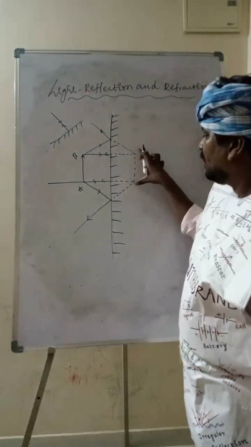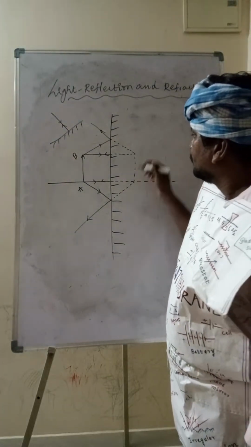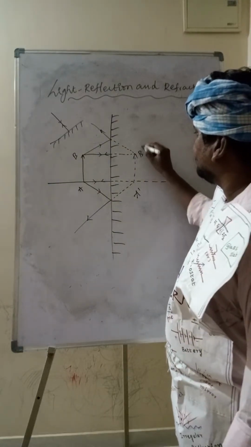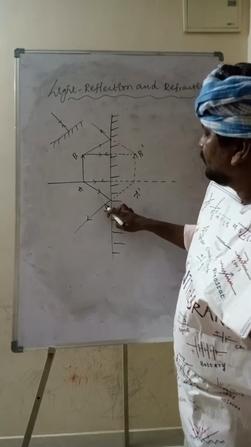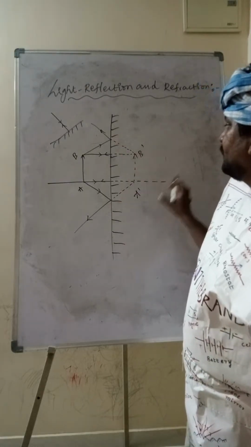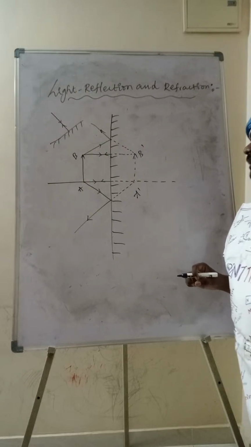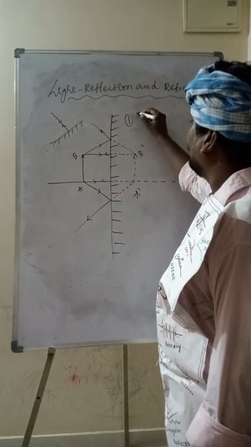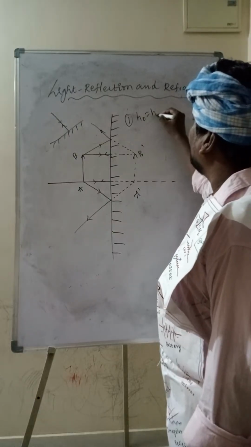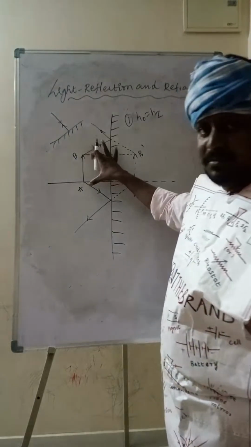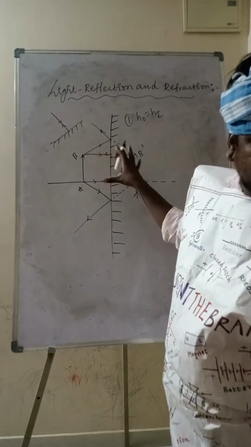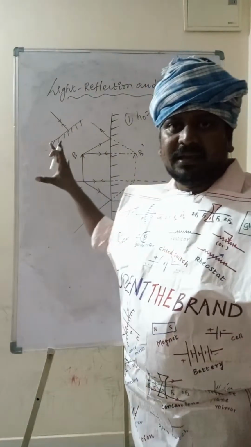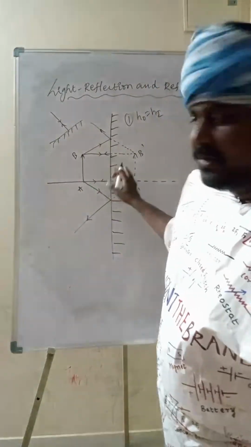So the object is here, the image is A dash B dash. Those reflected light rays are meeting at one point. So first point: the height of the object is equal to the height of the image.